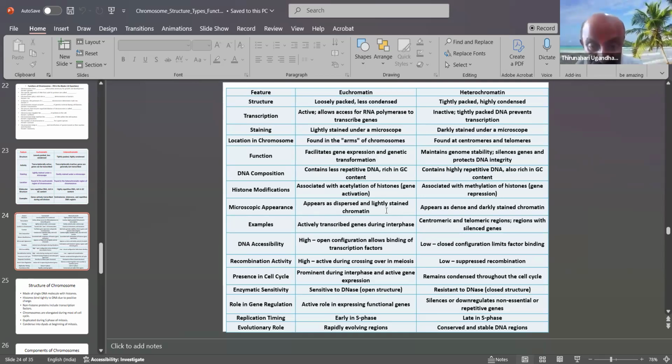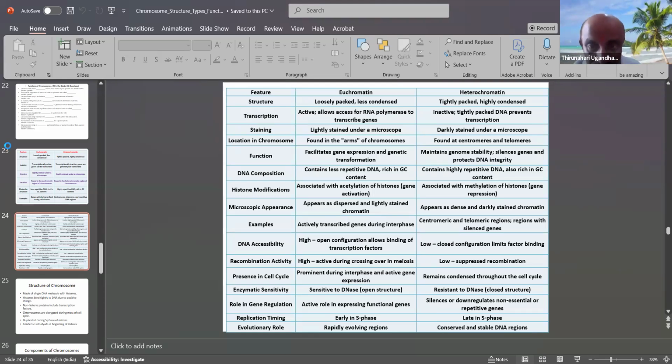Examples: actively transcribed genes during interphase. In interphase, the chromosomes that are more active are examples of euchromatin. But heterochromatin appears dense and darkly stained. DNA accessibility: euchromatin has a high, open configuration that allows binding of transcription factors.